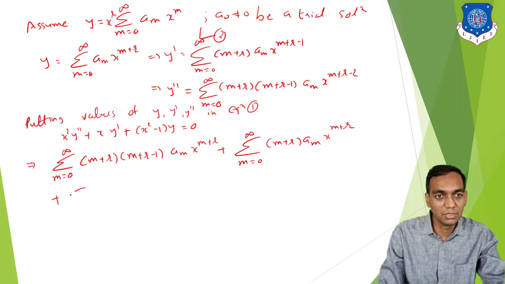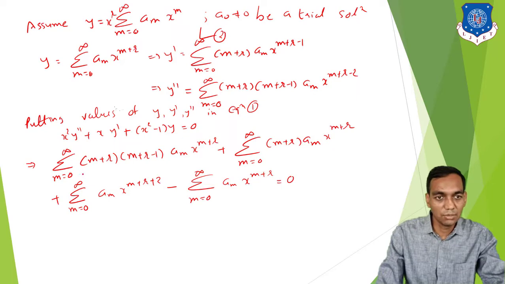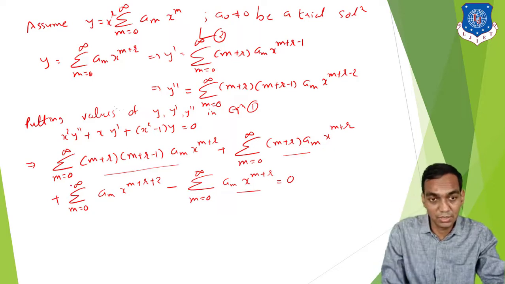So that will be sigma m running from 0 to infinity am x raised to m plus r plus 2, minus sigma m running from 0 to infinity am x raised to m plus r is equal to 0. Correct? Now these three terms have the same power, x raised to m plus r.